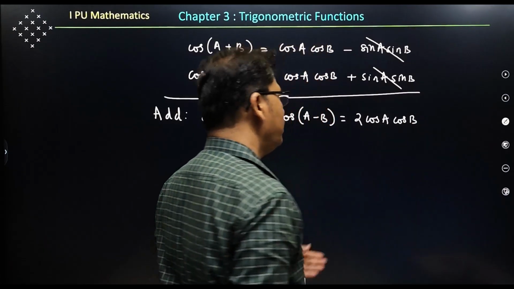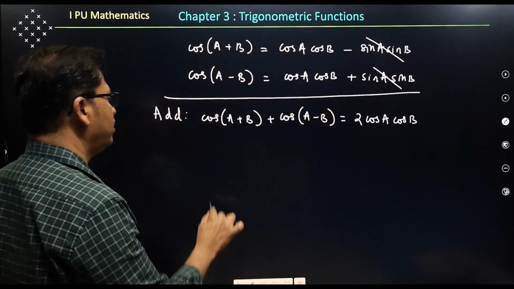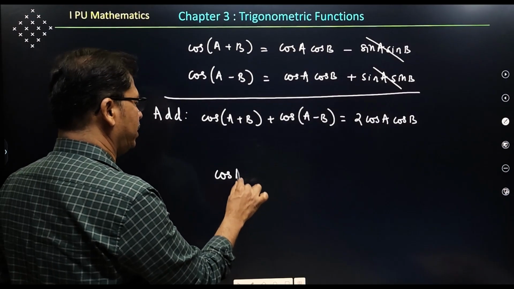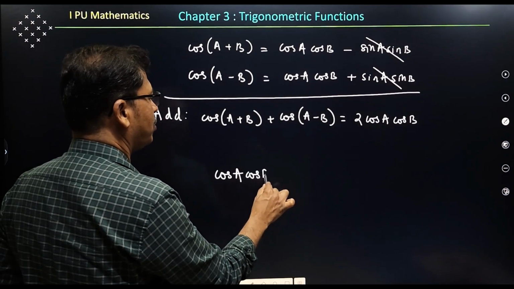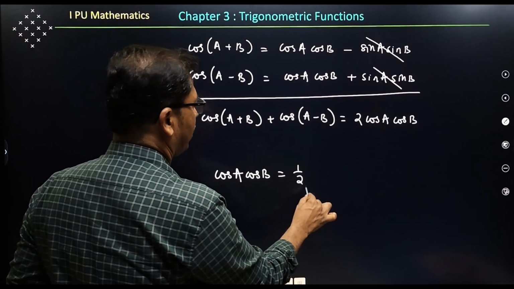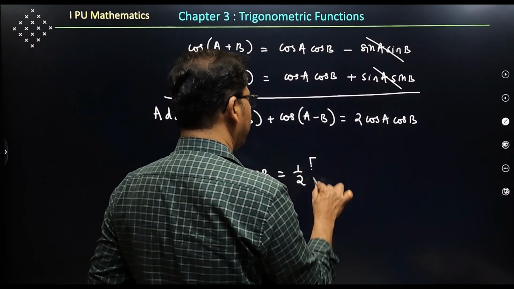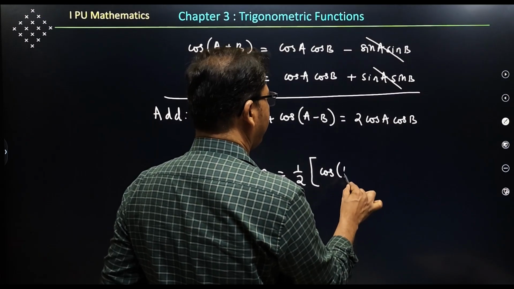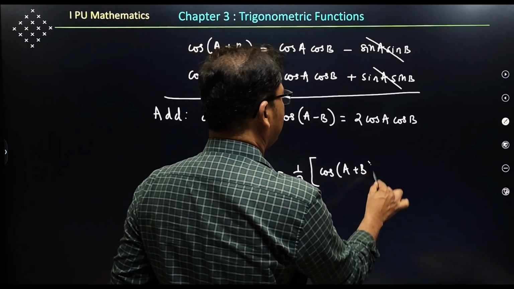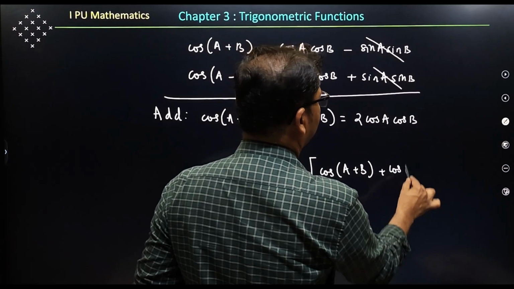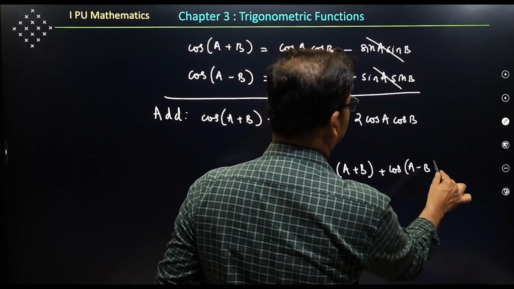So shifting 2 to this side, cos a into cos b is equal to 1 by 2 into bracket cos of a plus b plus cos of a minus b.